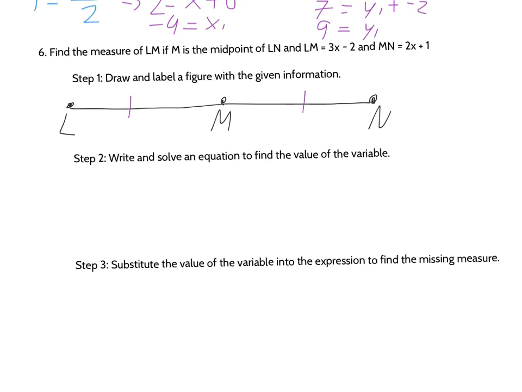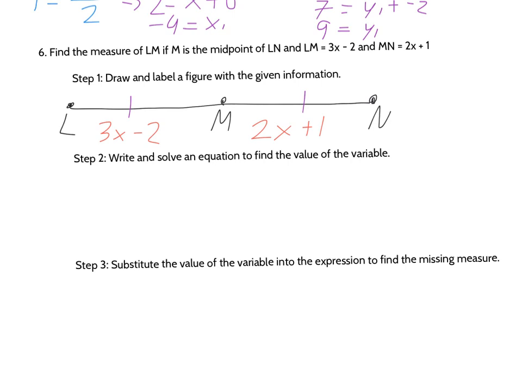Finally, we know some values. We know that LM is equal to 3x minus 2, and MN is equal to 2x plus 1.